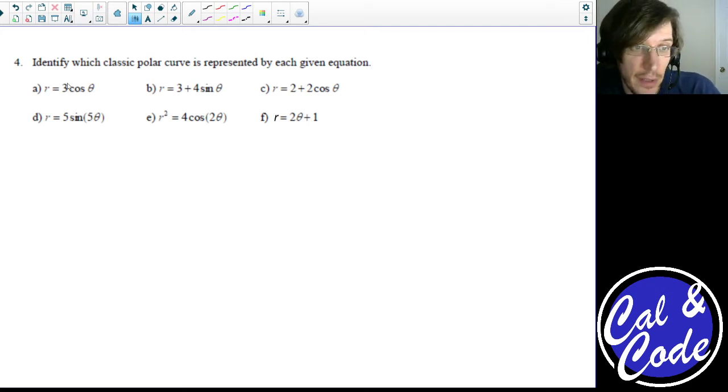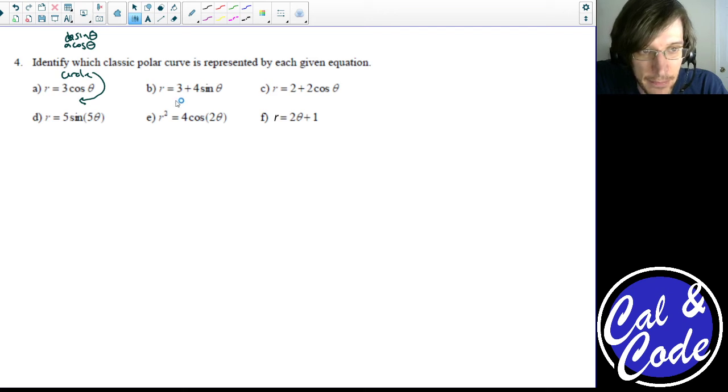This very first one, when it is an a cosine theta or an a sine theta, that is a circle. So it's a circle here. B, this is an a plus b sine theta or an a plus b cosine theta.